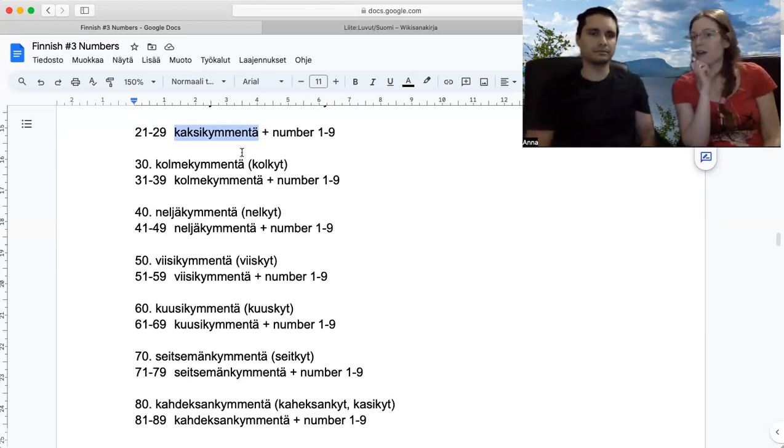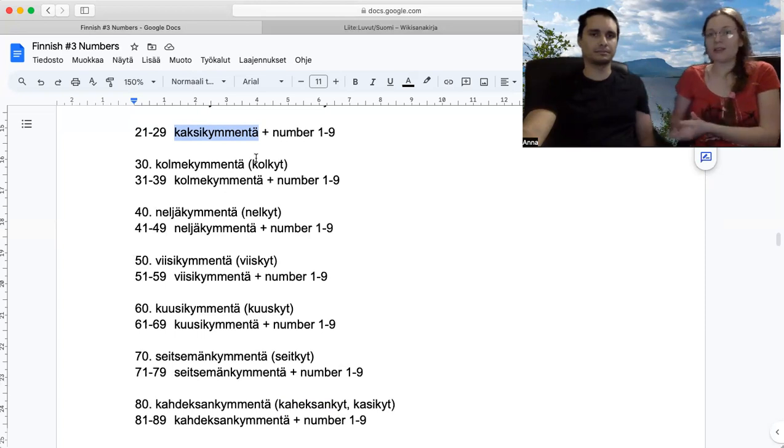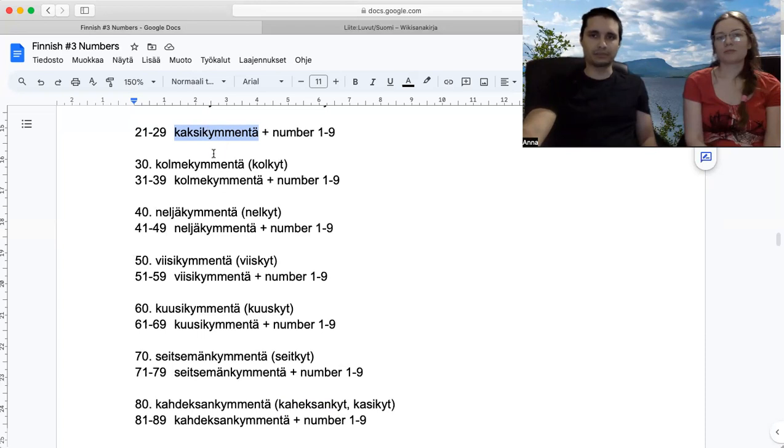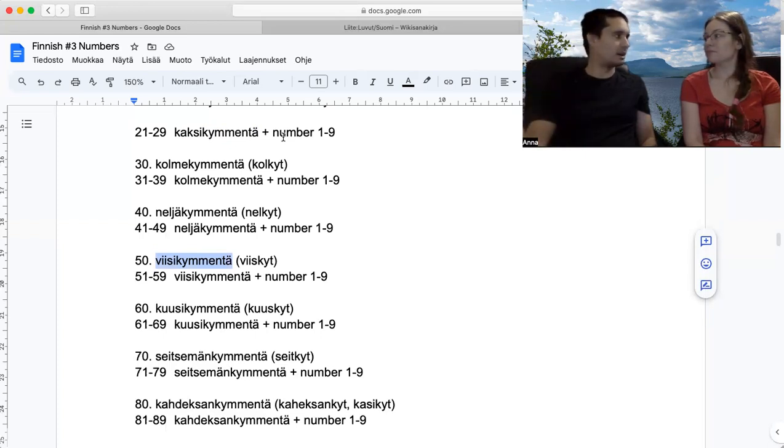It might scare you as a beginner because Finnish numbers may seem very long, but as long as you see the pattern and divide the word into parts, it's quite easy. Just pick a number from 20 to 90, and then put a number between 1 and 9, and you basically have all the numbers from 20 to 99.